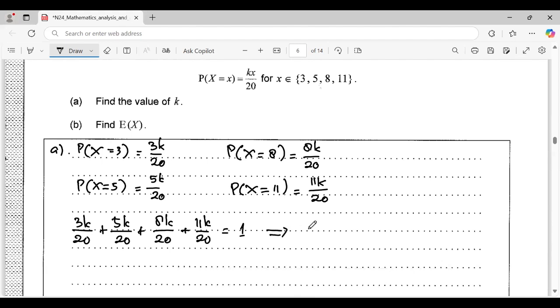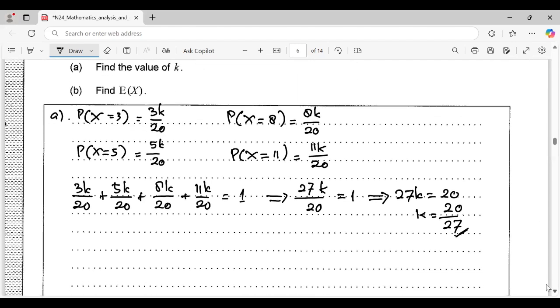This is 27k over 20 equals 1. So 27k equals 20 and k equals 20 over 27. So this is the value of k. Find the expectation of X.